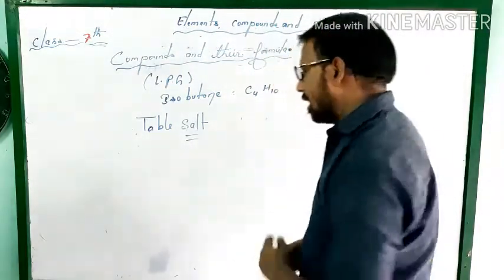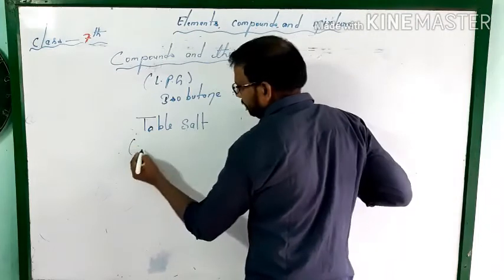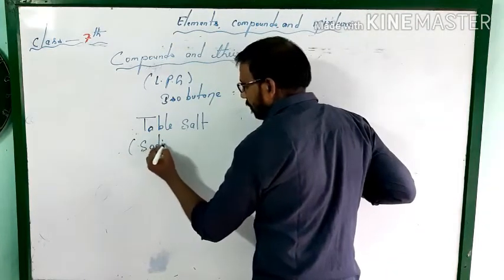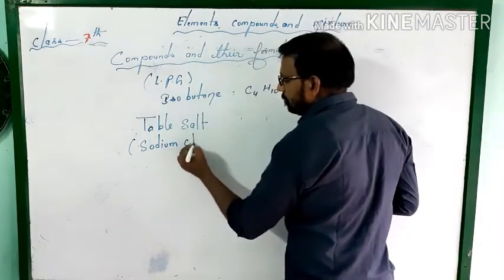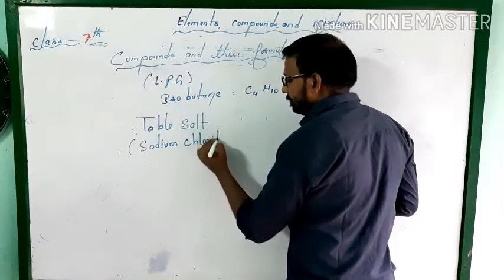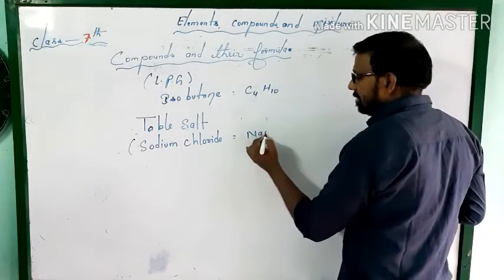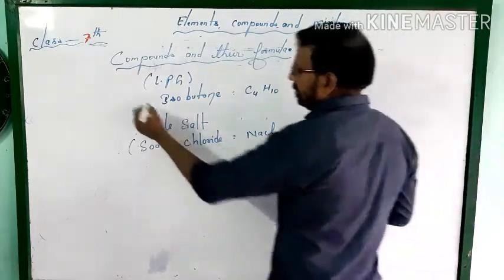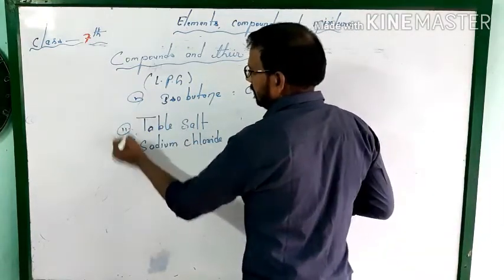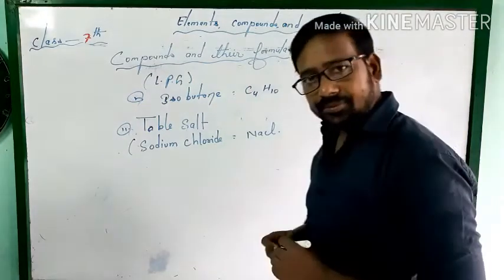That is table salt, and its chemical name is sodium chloride. The formula is NaCl. That is table salt.